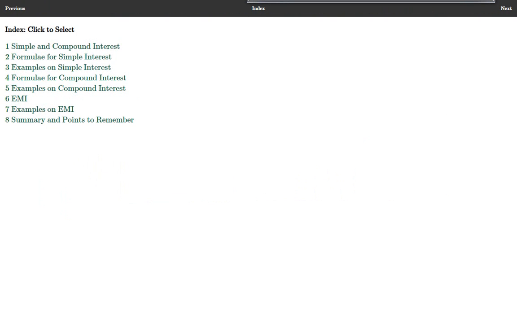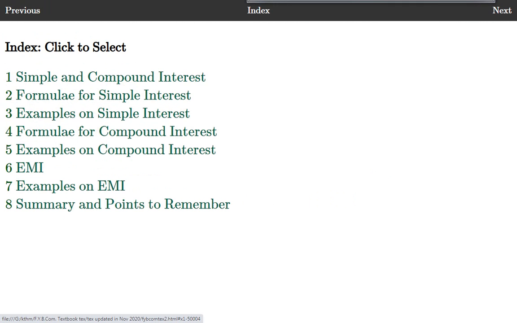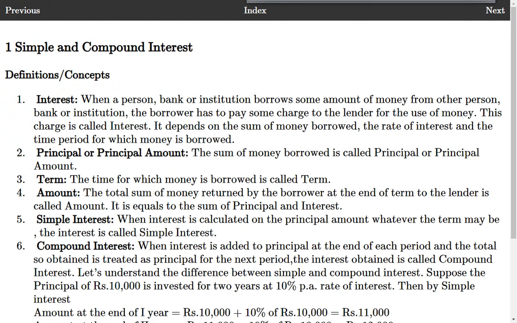First, let us see the topic simple interest and compound interest. Interest. When a person, bank or institution borrows some amount of money from other person, bank or institution, the borrower has to pay some charge to the lender for the use of money.